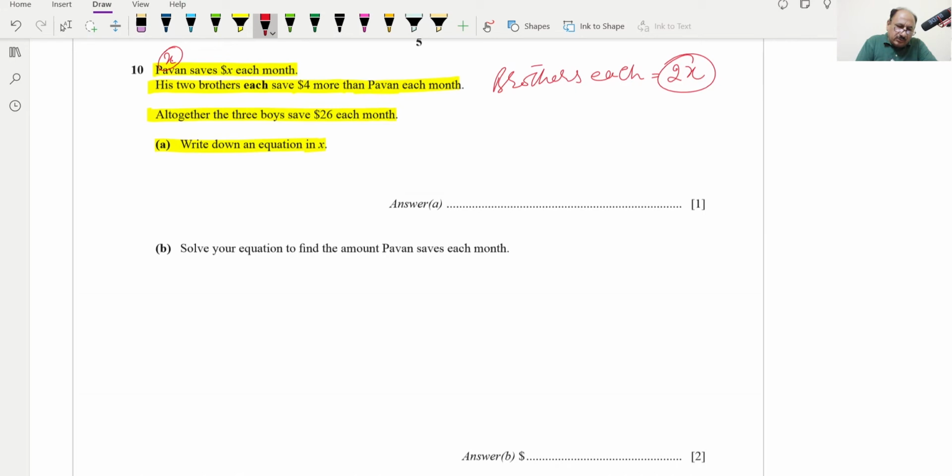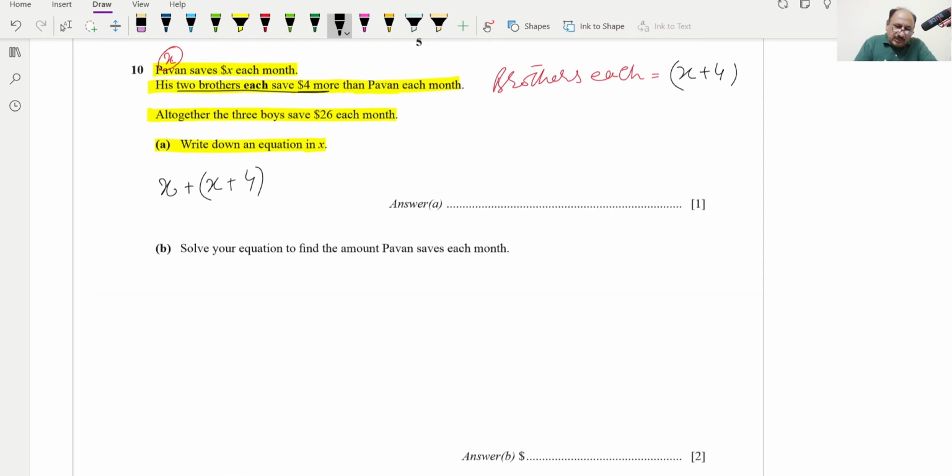So our equation will be what? They are saying two brothers each save $4 more, so we will write x plus 4. The others each save x plus 4.